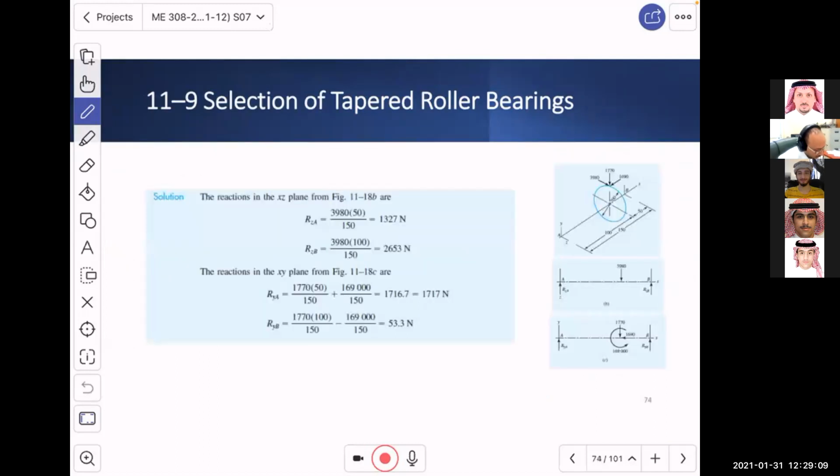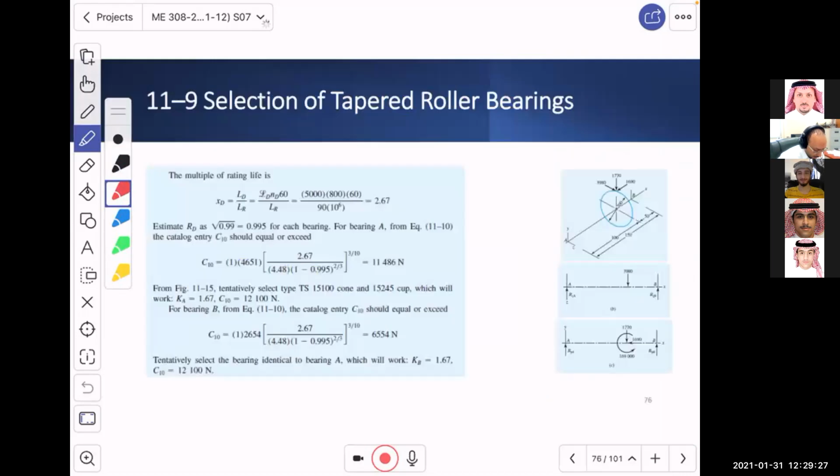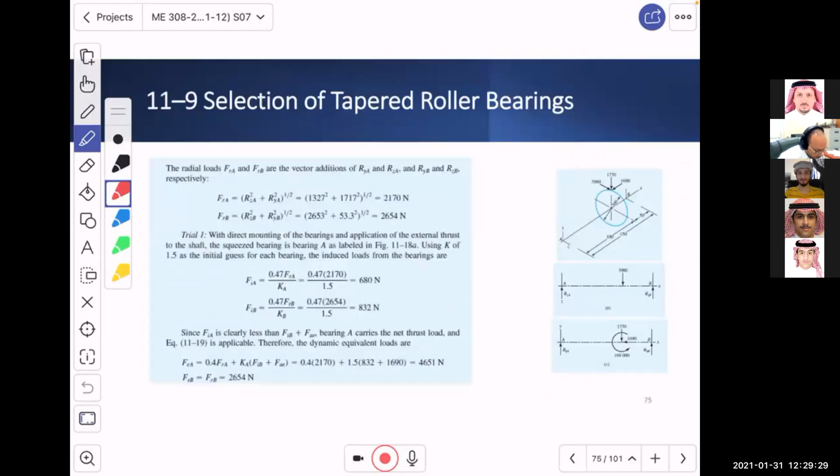Now, what are we going to do? If you look here, as I mentioned, we are going to find R Z A, R Z B, right? And then R Y A and R Y B. And by doing so, what will happen? We will be able to find the radial.